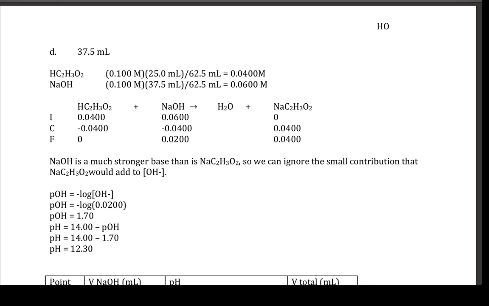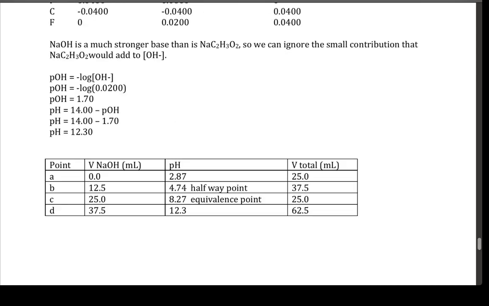So we find the pOH by taking the negative log of 0.0200. We get 1.70. We subtract that from 14.00, and we get that the pH is 12.30.